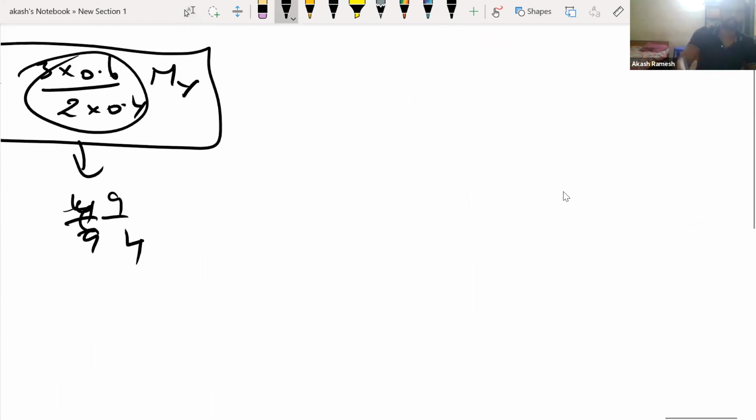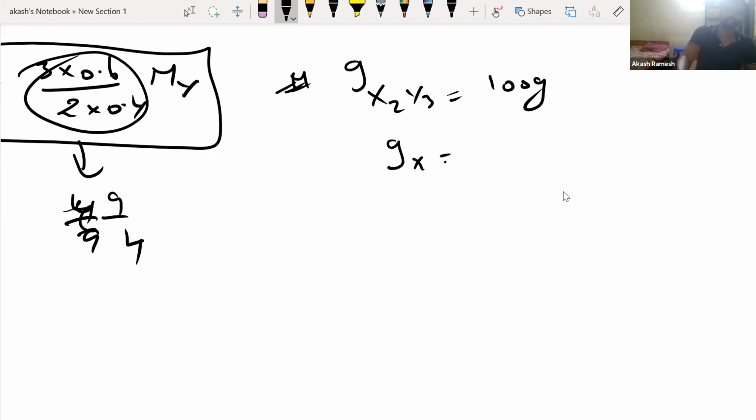Assume that the given mass, I'm not talking about molecular mass, I'll write given mass of X2Y3. I can take it as 100 grams. Assume it to be 100 grams. So in that, the given mass of X would be 60 grams.